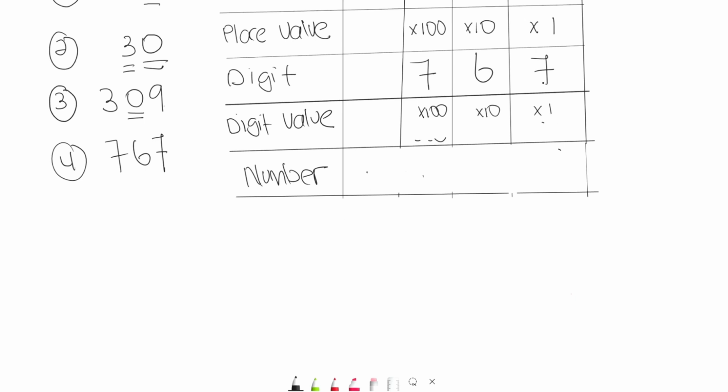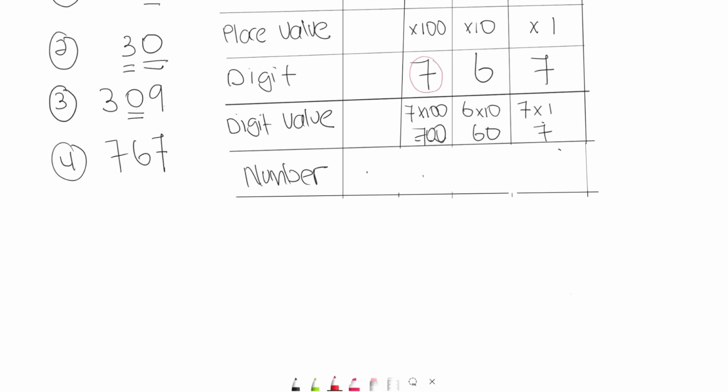Okay, let's look at them. So I have 7 ones, which is 7 multiplied by 1, which equals 7. And I have 6 lots of tens, or 6 groups of 10. So it's 6 times 10, which means I have 60. And I have 7 groups of 100. That's what digit 7 represents. So 7 groups of 100. So it's 700.